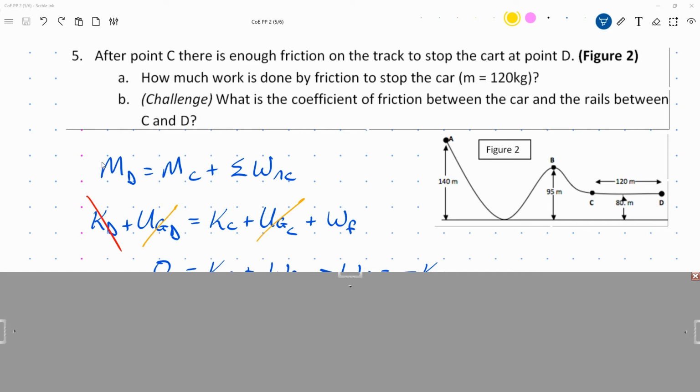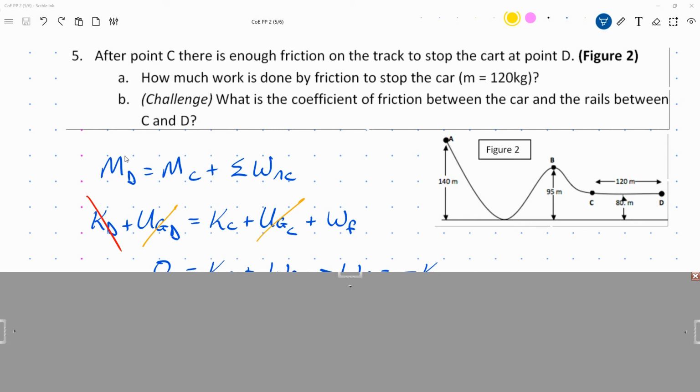Point D has mechanical energy, and it better be equal to the mechanical energy of point C plus the net work that was done along the way by non-conservative forces from point C to point D. Now, the reason I was calling that out before is there is very much friction doing work here.